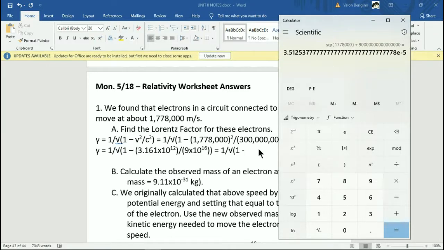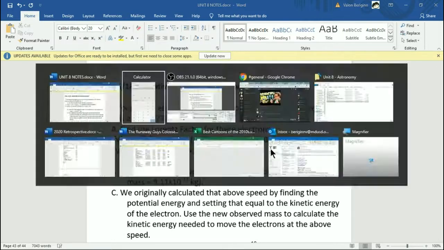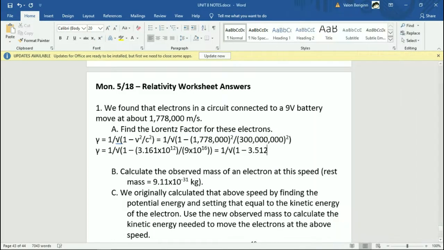That gives 3.51, say 3.514, times 10 to the negative 5.